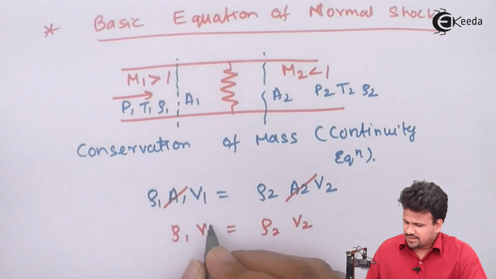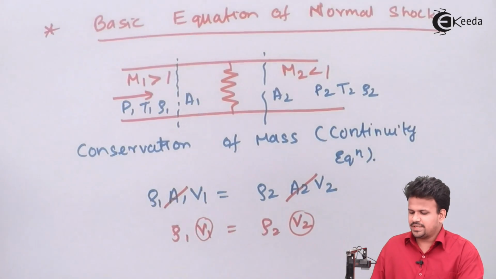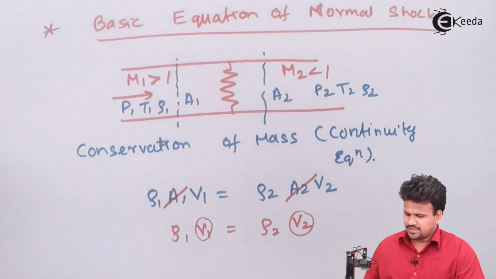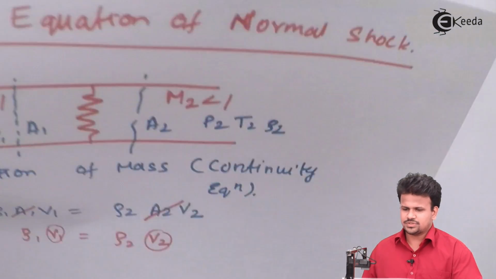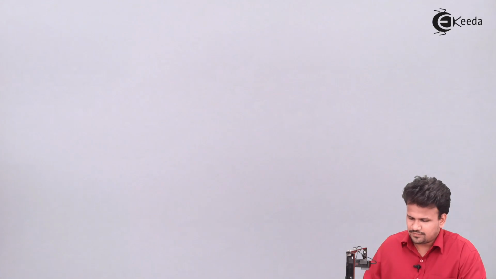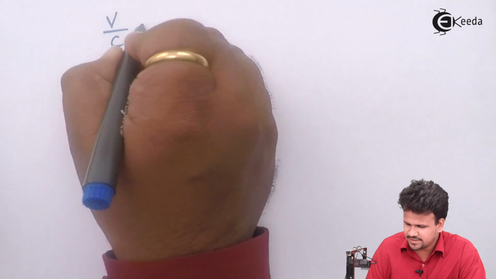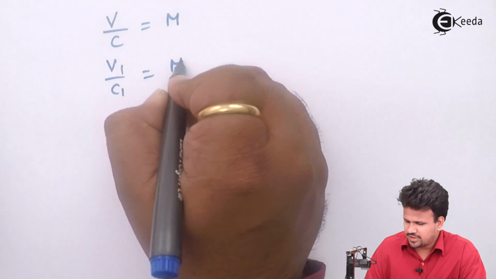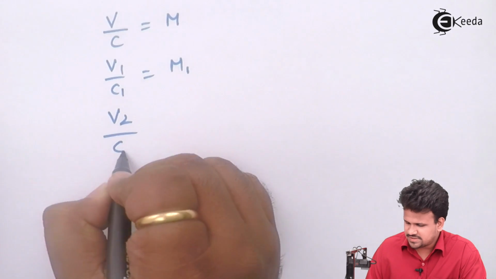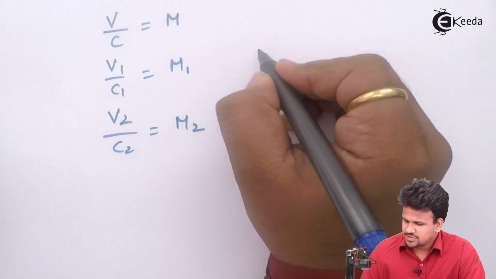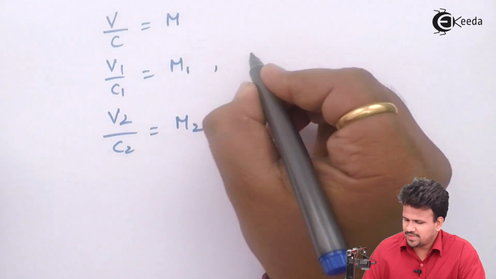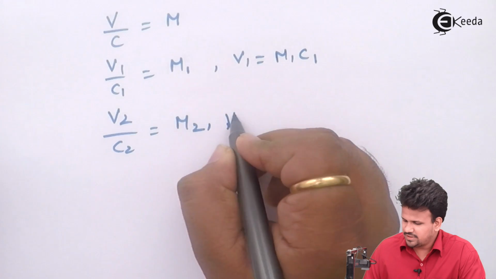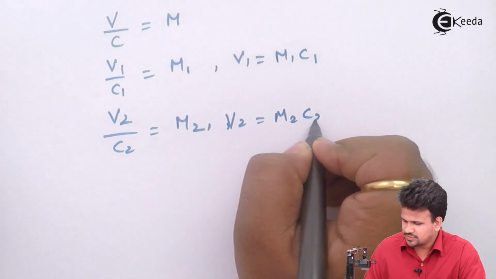Now we know that the velocity can be represented in terms of the velocity of sound or in Mach number. So now we can write V by C is equal to M. So V1 by C1 is equal to M1 and V2 by C2 is equal to M2. So we can write over here V1 is equal to M1 into C1 and V2 is equal to M2 into C2.